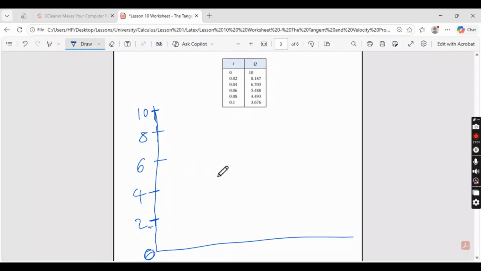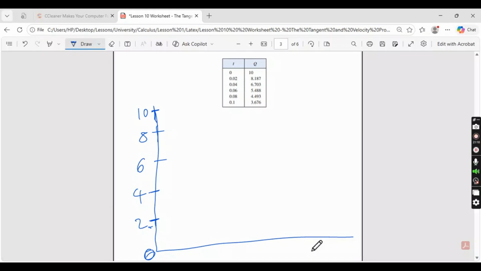Okay, and what about the x? What scale should we use for time?